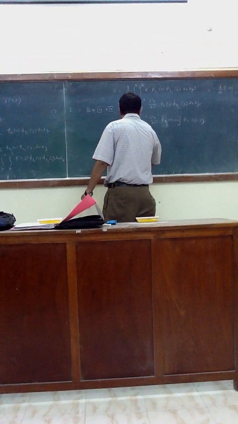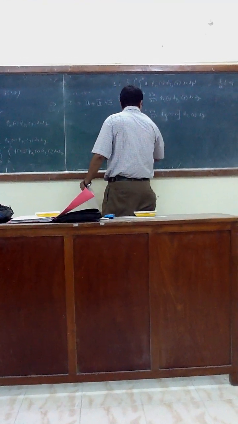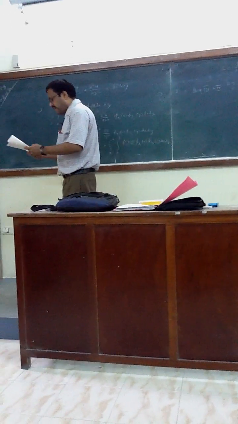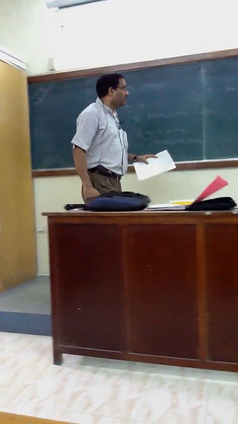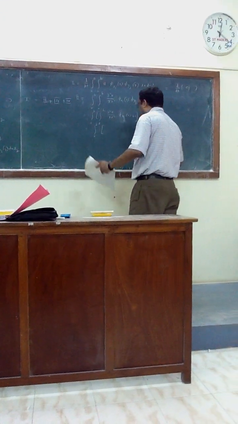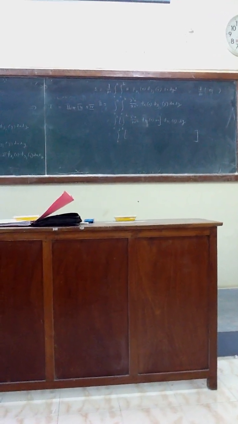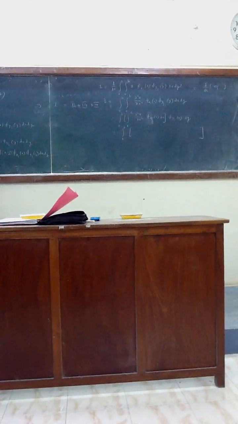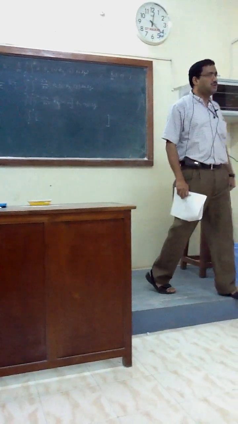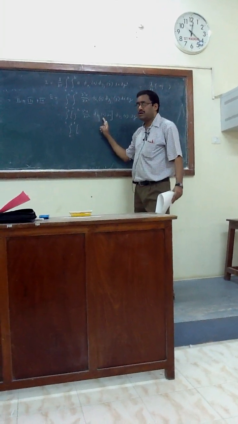0 to b. Okay, next. What should I write here? So many terms will be coming. I will put more space here. This will have a j uv term separately and another term will be coming. This is nothing but your operator L u into phi.